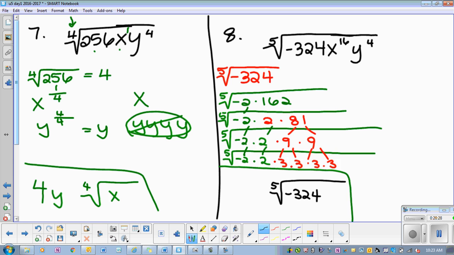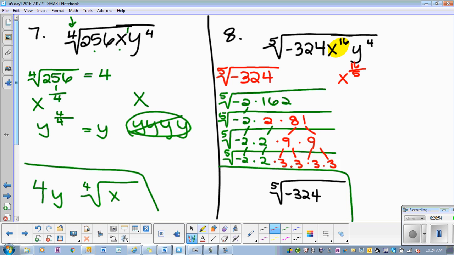But the x cubed would come out, and then I have on the inside negative 324 x and 4 y's. Okay, so then let's look at those together. All right. So let's look at the x's. We have 16 x's inside. How many groups of 5 can I make?